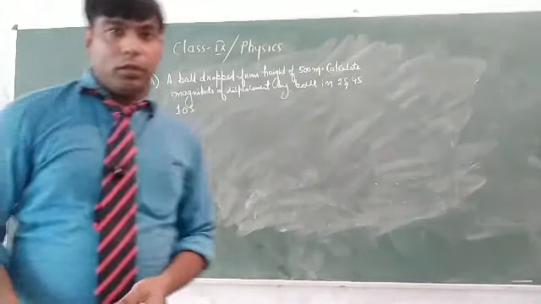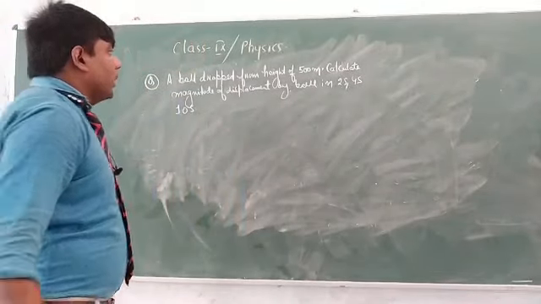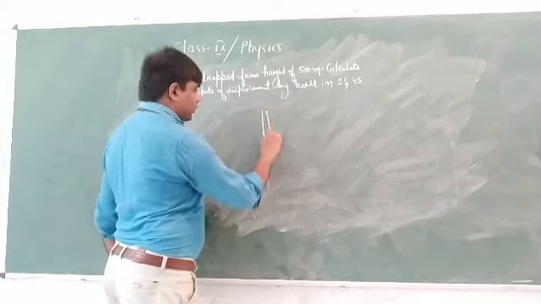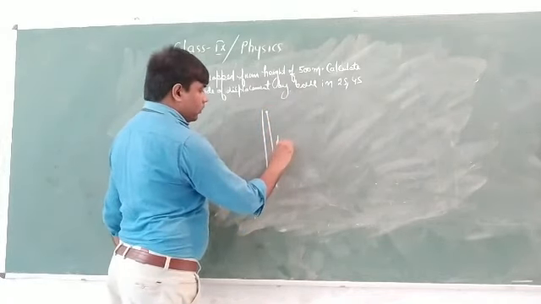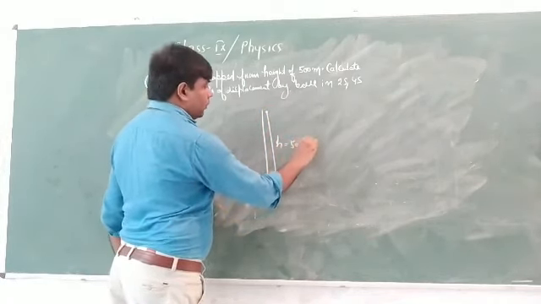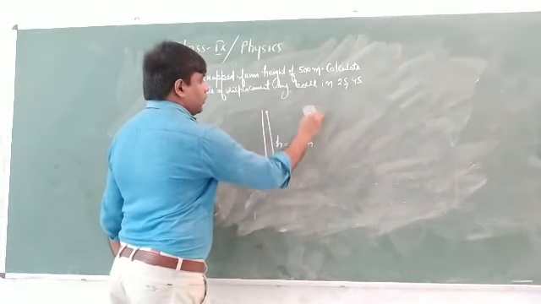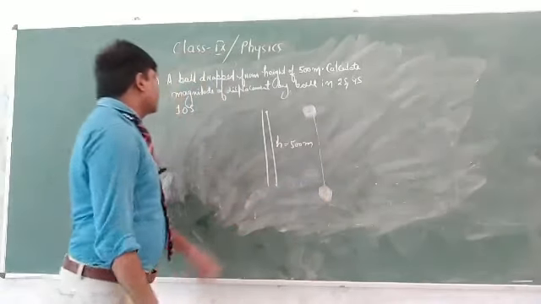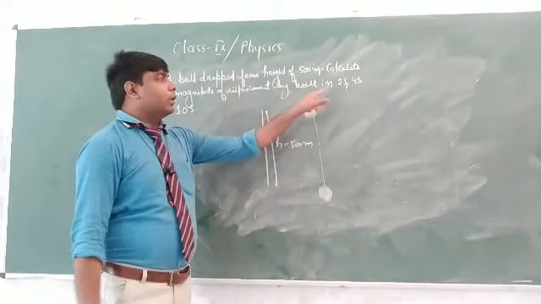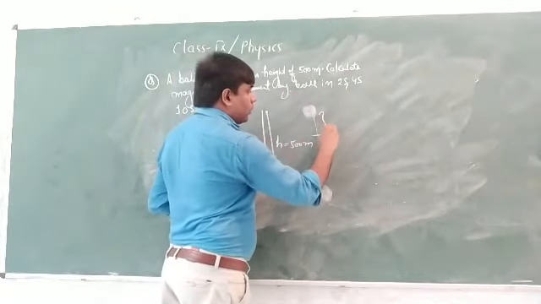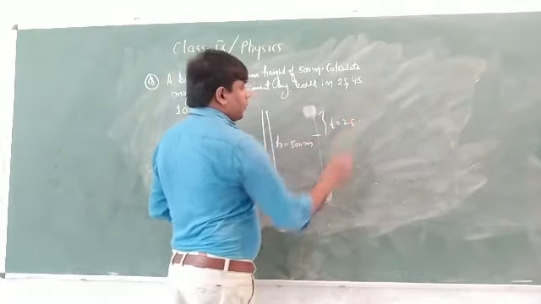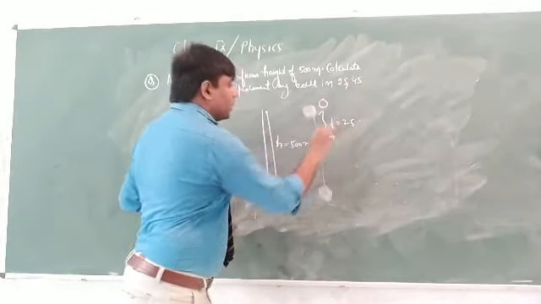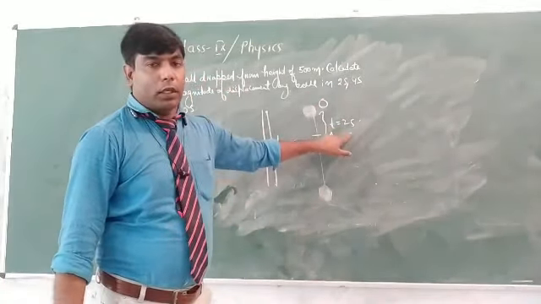See, the question is saying a ball is dropped from a height of 500 meters. Calculate the magnitude of displacement by the ball in 2 seconds. For example, let us say the ball was dropped from O, and it is at position A at time equal to 2 seconds.